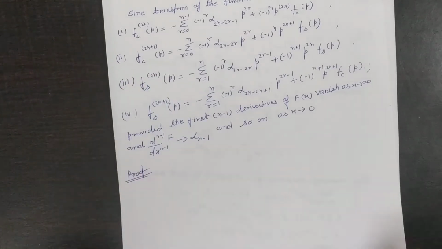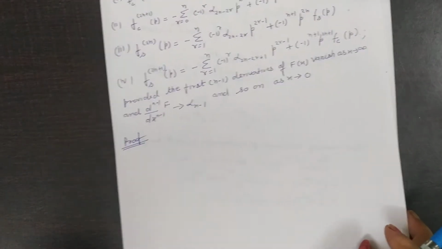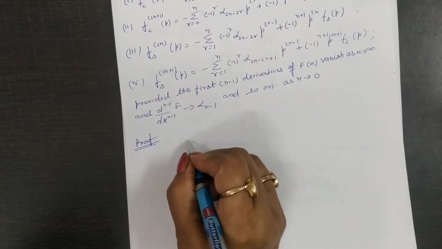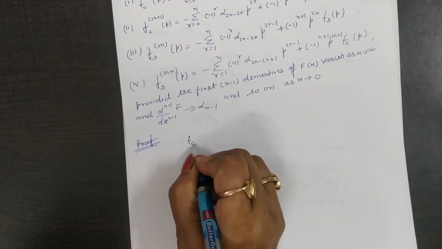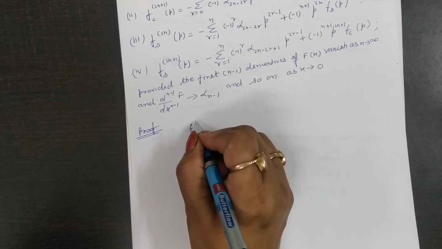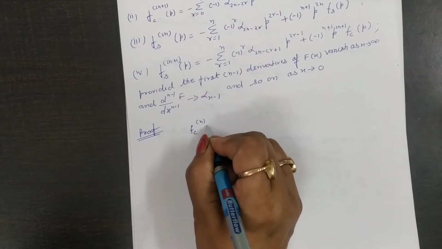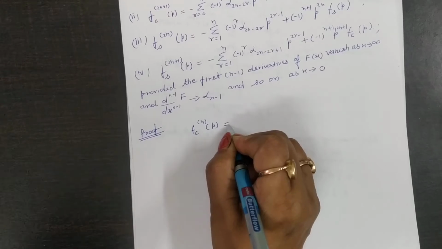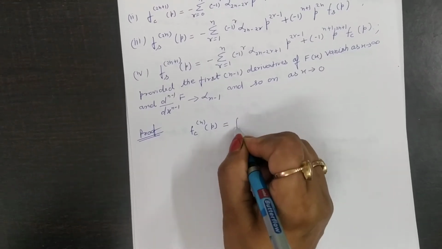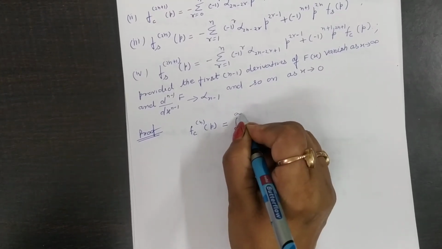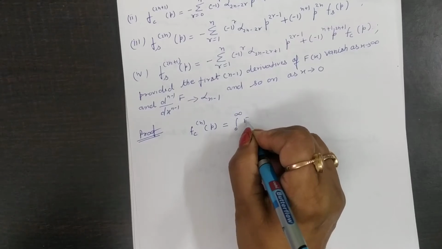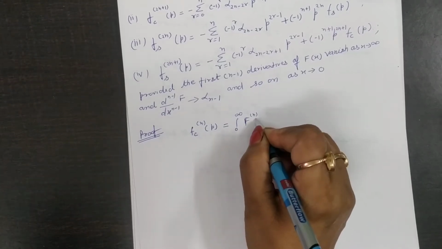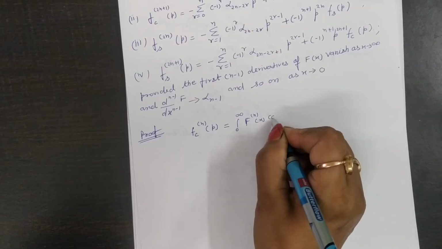To prove this first property, here we have F_c of the nth derivative, which according to the definition is the integral from 0 to infinity of the nth derivative of f(x) times cos(px) dx.